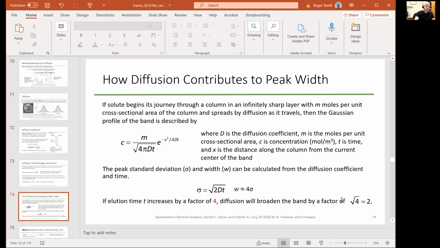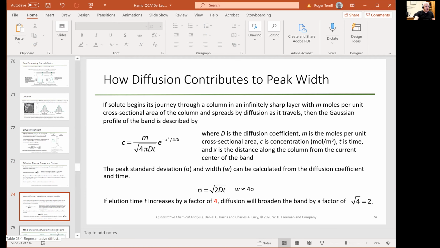And this is the single take-home message about diffusional broadening of peaks: they only scale with the square root of the time, or the distance, or the column length, or whatever it is that increases the amount of time to elute a given species. So it's a sort of forgiving band broadening term.